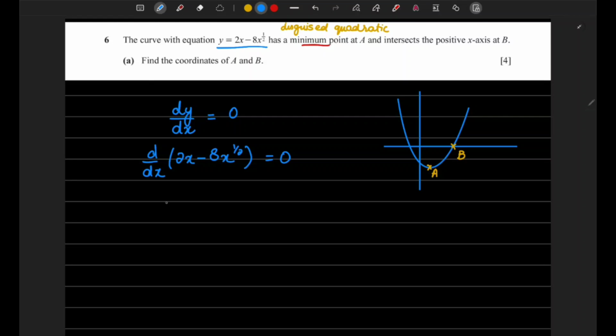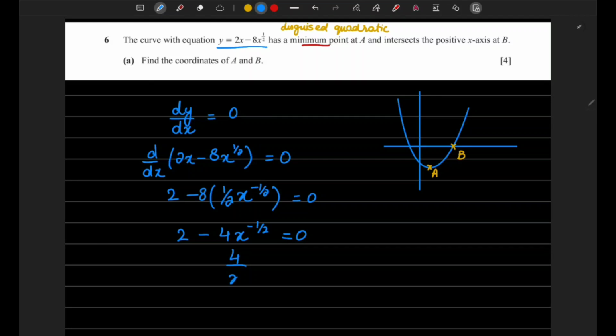So this derivative would be 2 minus, 8 will be outside, nx to the n minus 1, 1 by 2 minus 1 would be minus 1 over 2, equals 0.